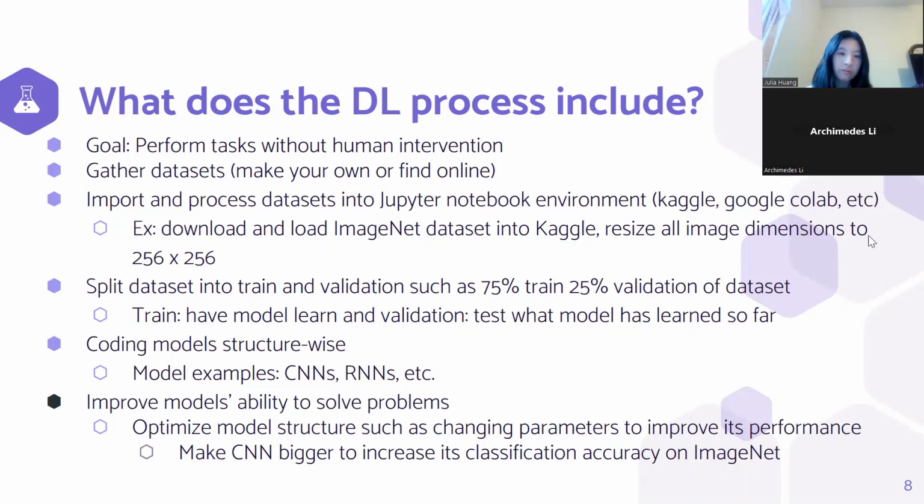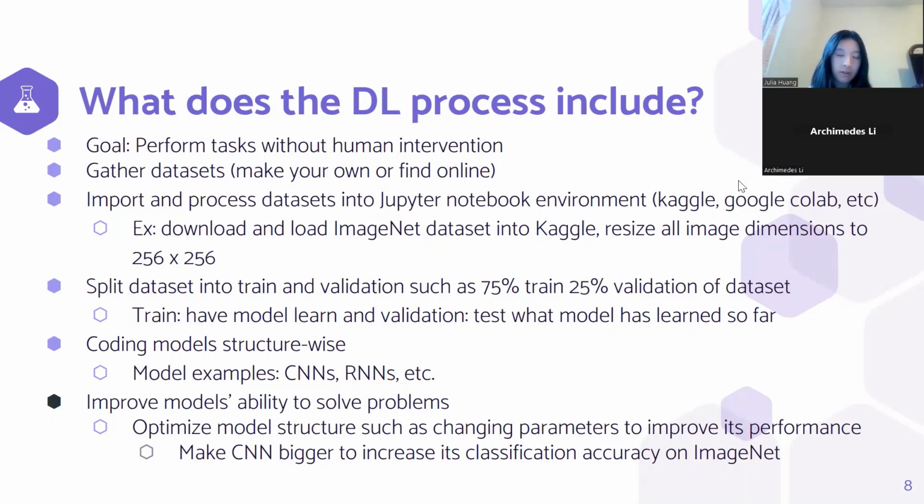So for example, if we load the ImageNet dataset, basically ImageNet is this really large dataset that has a lot of images of different types of objects, like for example, animals and plants. We can load it into Kaggle and resize all the images to 256 by 256.